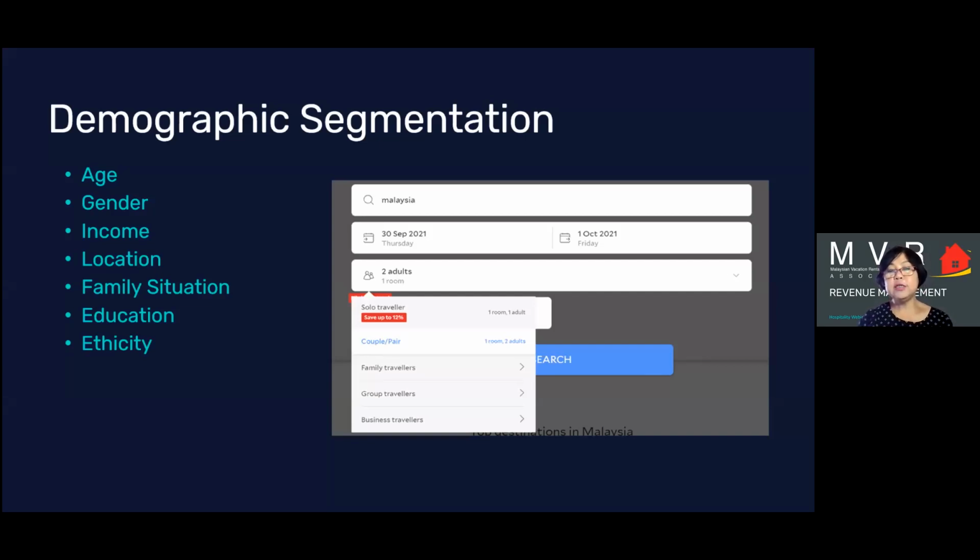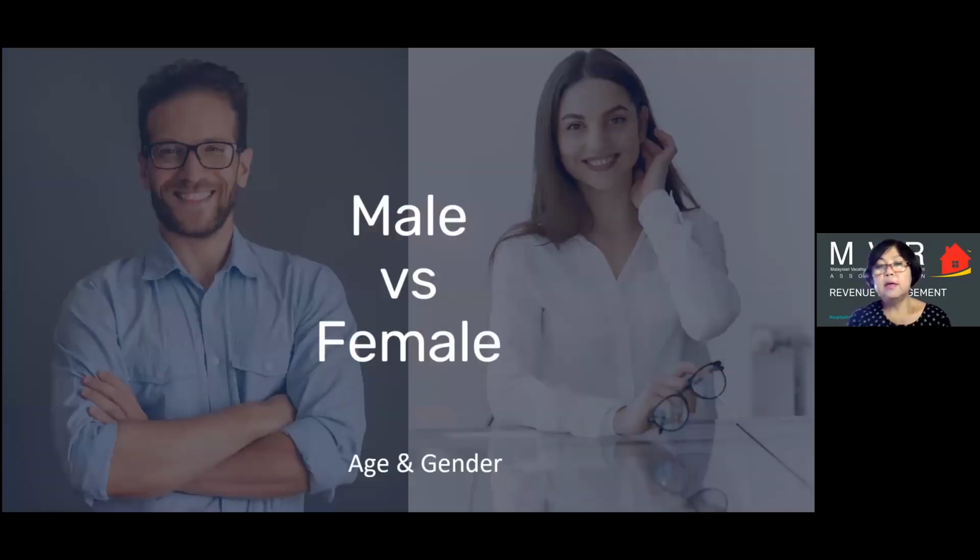Demographic segmentation has to do with the age of your customer, the gender, their income bracket, location, where they come from, whether they are in a family situation or business people, whether they are on leisure, the education background, and the ethnicity. Now, this is really important because a male and a female buy the product differently.